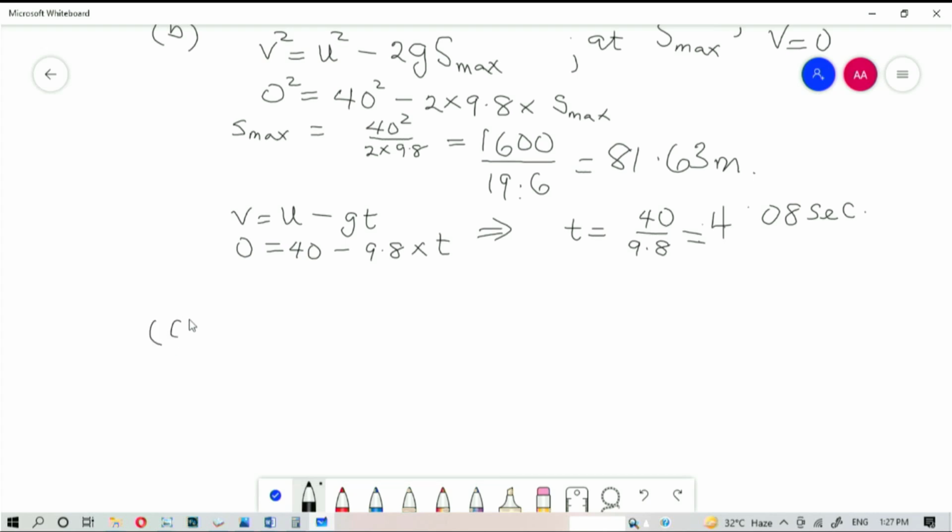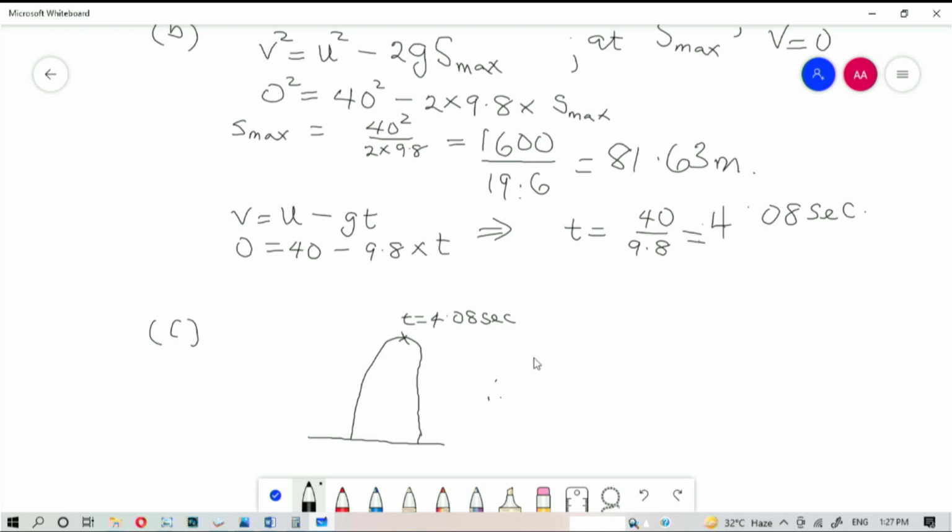We know that the time taken to reach the maximum height is equal to 4.08 seconds. If it takes the stone this time to reach maximum height, it will definitely take the same time for the stone to fall back to the ground.